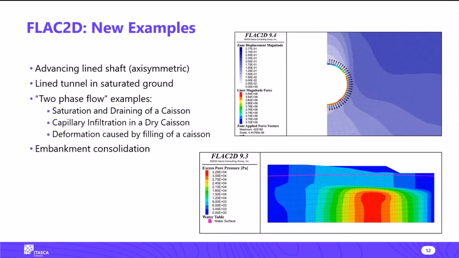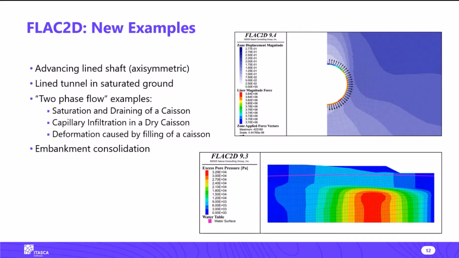Okay, new examples. In FLAC2D, we've added a bunch of new examples, and 3 of them are related to two-phase flow. Now, if you're an old FLAC user, you will probably know that there was a two-phase flow option in the old FLAC. We do not have a two-phase flow option in the new FLAC.